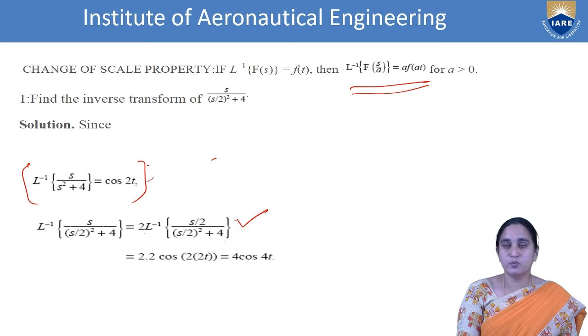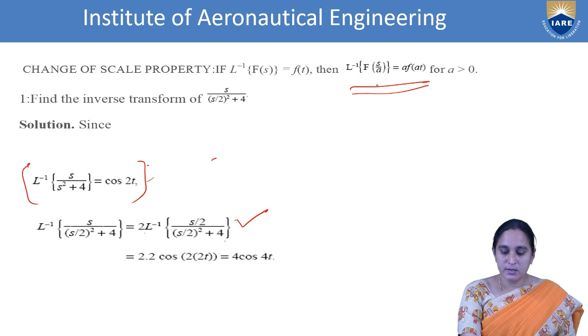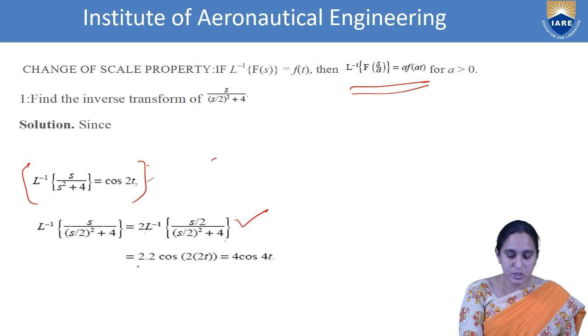Now, directly the question has been converted to the Laplace inverse of f of s by a form. That is already here 2. By using the change of scale property, here what is a? Again, a means 2, and the remaining s by s square plus 2 square form is cos 2t.